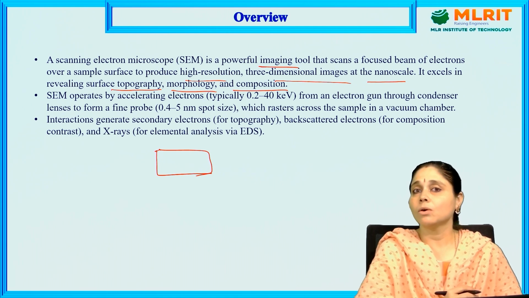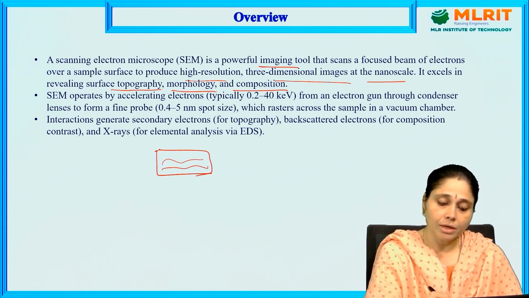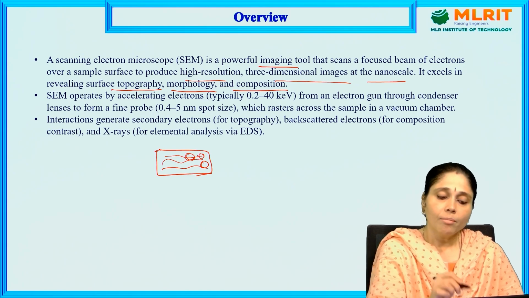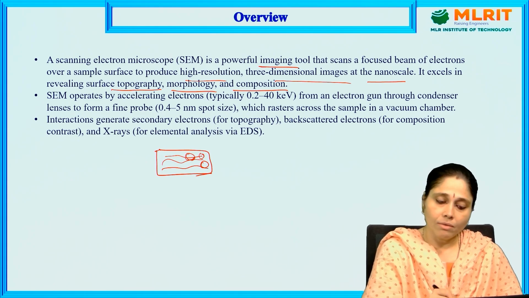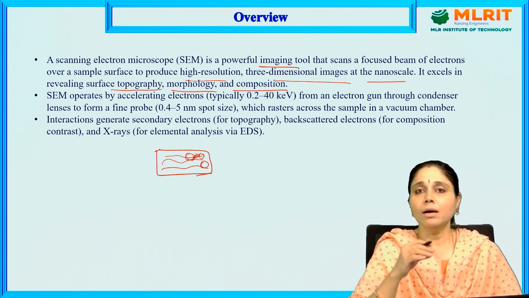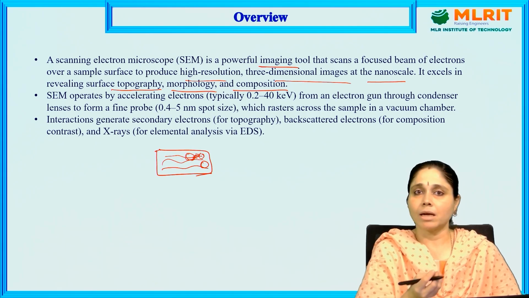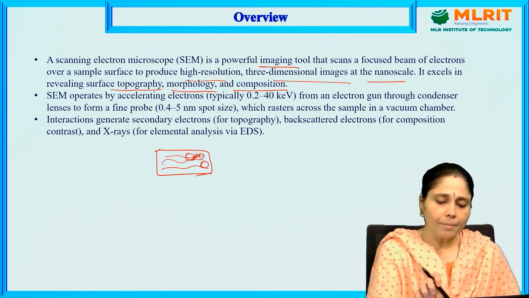Then we can observe the material's topography, meaning the surface composition, how the atoms are arranged and how they can be regulated. Morphology also tells about the inner atomic arrangement. And composition tells through which matter the materials are composed. These can be known through the scanning electron microscope.